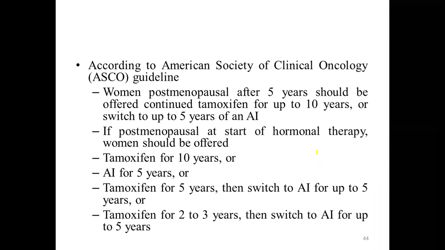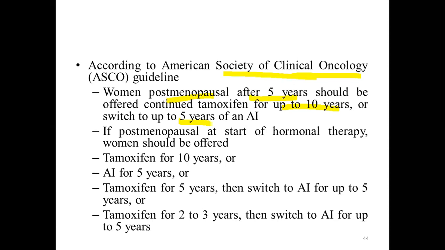Because of that, even oncologists usually refer to most of the guidelines from the US. According to the American Society of Clinical Oncology, if the woman is postmenopausal after 5 years, you can continue tamoxifen for 10 years, or you can switch to up to 5 years of an aromatase enzyme inhibitor.